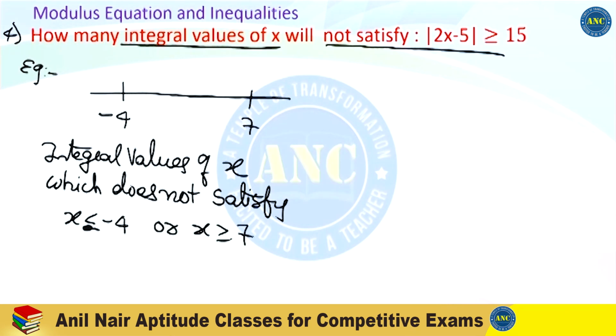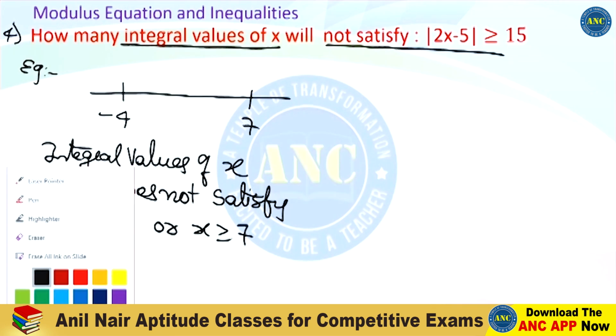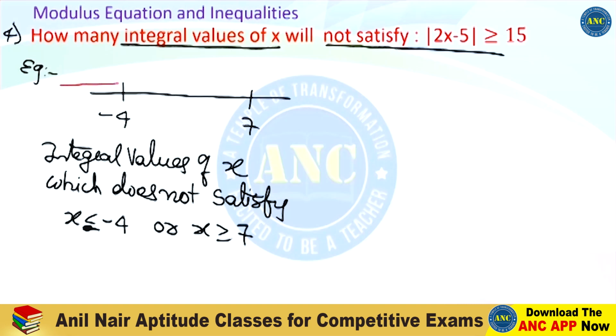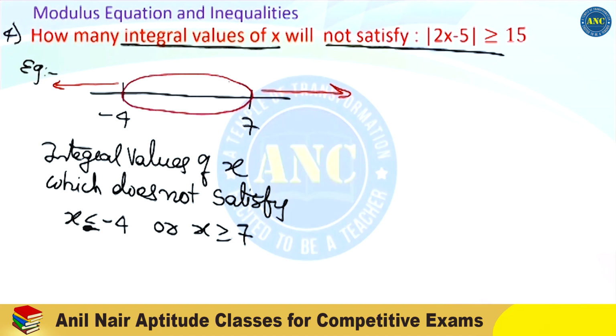I need the integral values which won't satisfy the question. This is the region which satisfies the question, and which won't satisfy the question, this will be the region.